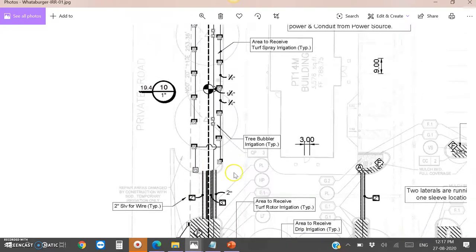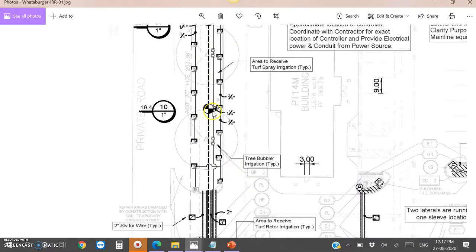Next one is this 10th one. We used this for spray, which operates at 30 psi. So we have to connect the sprays in a different zone. We connected this whole set of sprays in this zone.